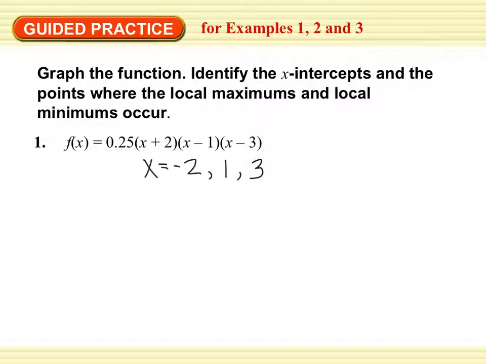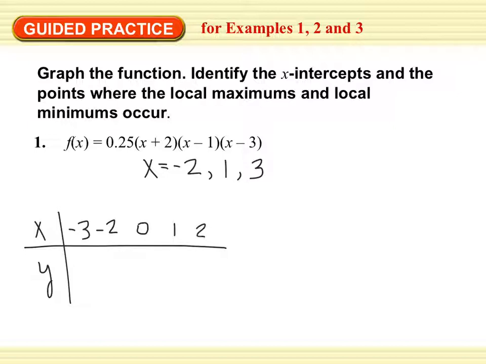If I set up a t-table, x, y, I'm going to graph one behind it, -2. Let's just go straight for a 0. 1, 2, and 3, and 4. But these are the ones that are crossing the x-axis. And I sort of need one before and after each one.